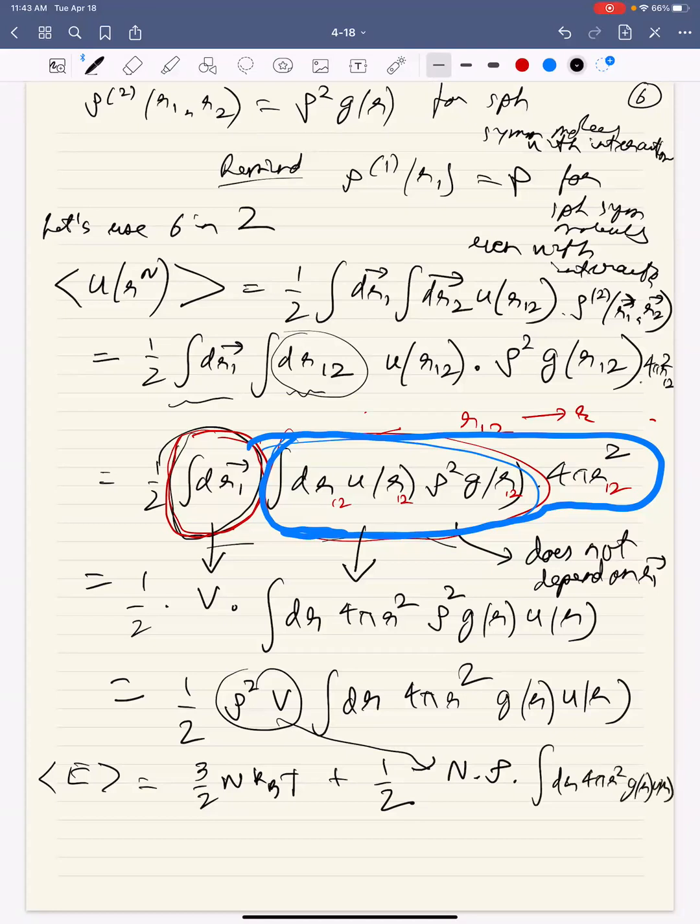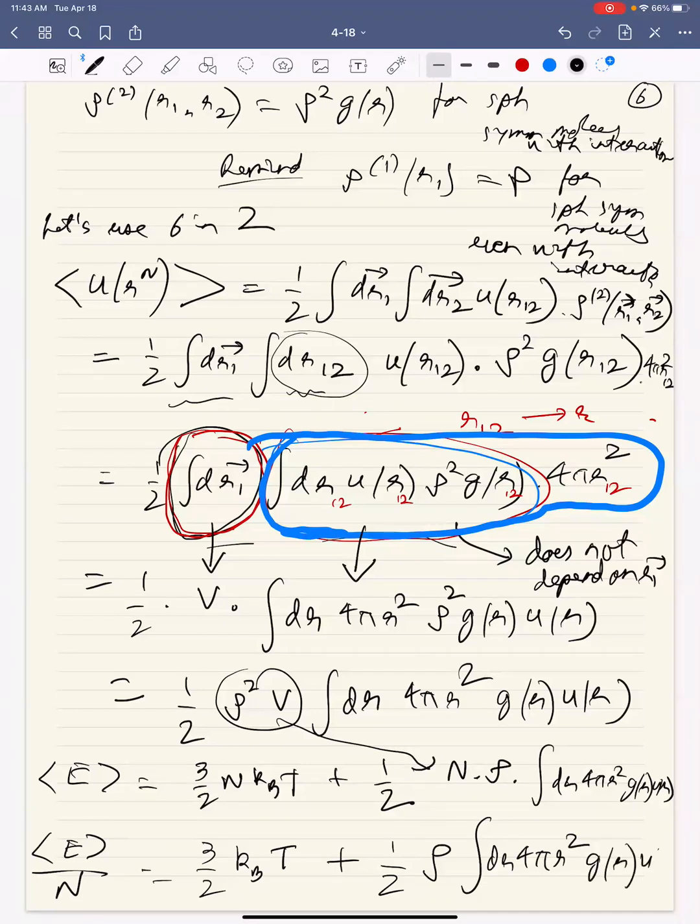So if you are interested in the average energy per particle, the intensive quantity, that's going to be 3/2 kBT, equipartition, per 3 degrees of freedom, plus half multiplied by rho multiplied by the integral of dr 4 pi r square g of r u of r. So this is the result for spherically symmetric particles in presence of interaction.